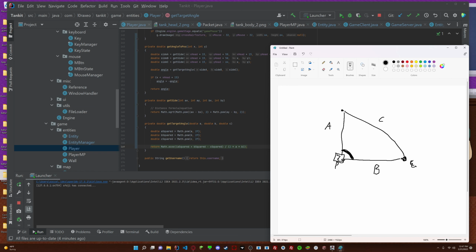So if we have the object rotated this way, right? And so now we're trying to find the angle to turn to, so that it's pointing this way, right? So we get this point, this point, this point, we get the distance, and then we plug it into the inverse cosine formula thing, and then that gives me the angle.